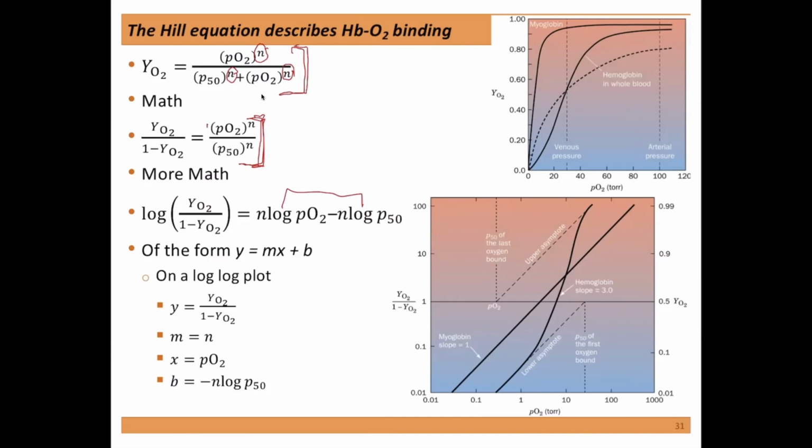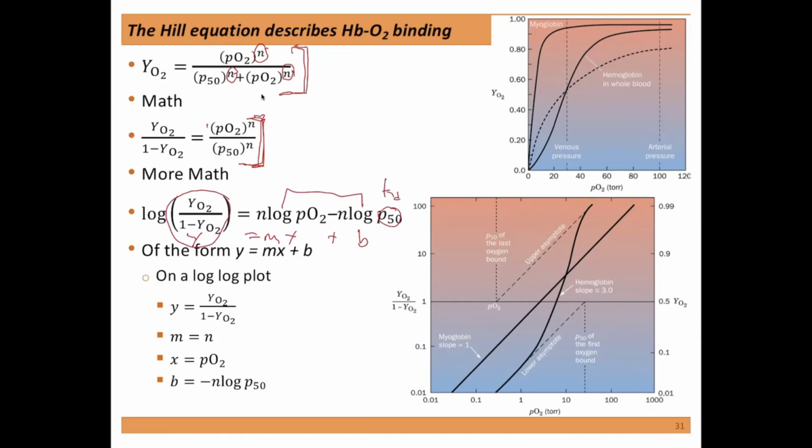Now I'd expect you to derive this because it hurts my head as well, but I do know that this is now similar to y equals mx plus b. So this group right here is y. So if I plotted the fractional oxygen over 1 minus the fractional oxygen and plotted that against n times the log of PO2 minus n times the log of P50, which, remember, could also equal the dissociation constant.